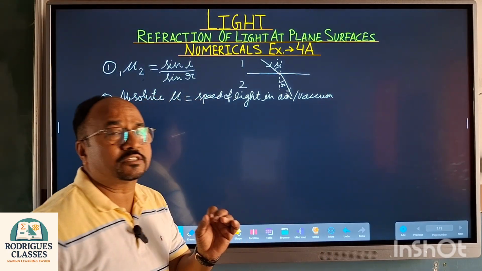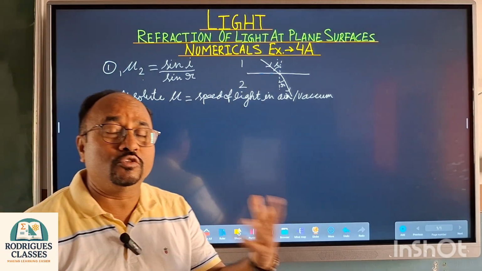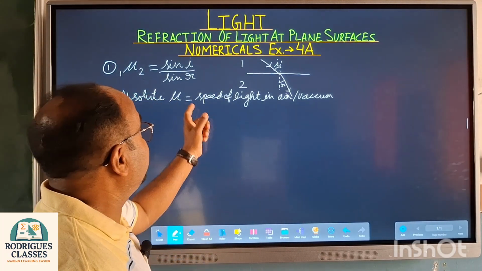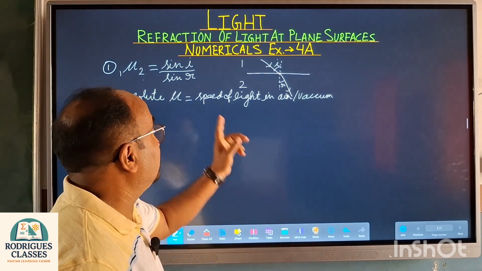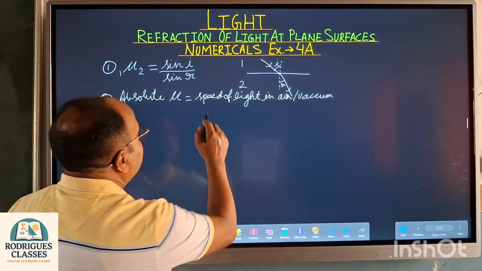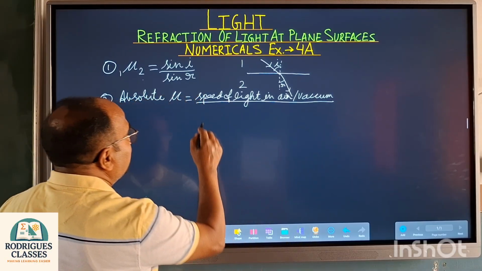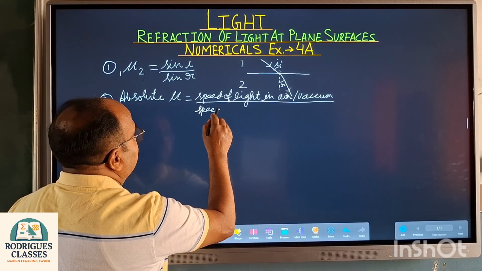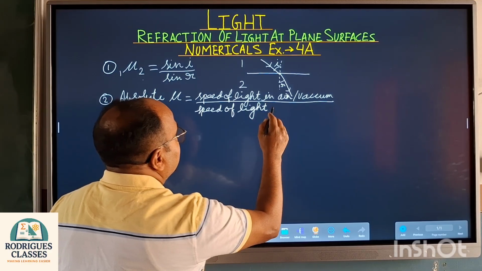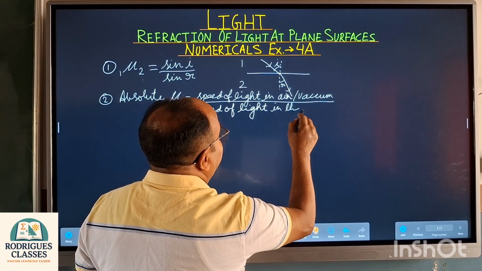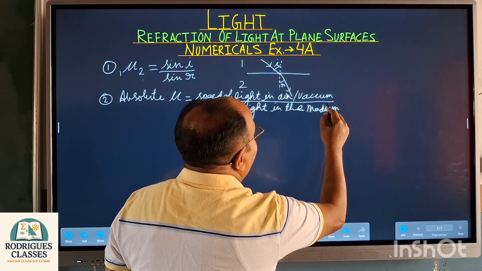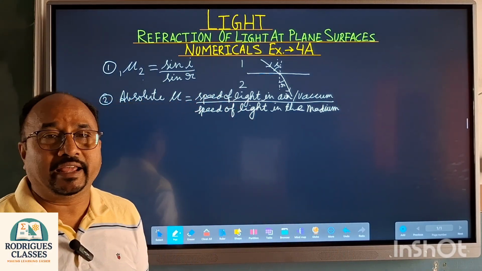Whatever is the speed of light in air and vacuum, which you know, we take it as 3 into 10 to the power 8 meter per second, that will be written in the numerator part, and the second part will be the denominator part where it will be the speed of light in the medium, whichever medium it is going to.